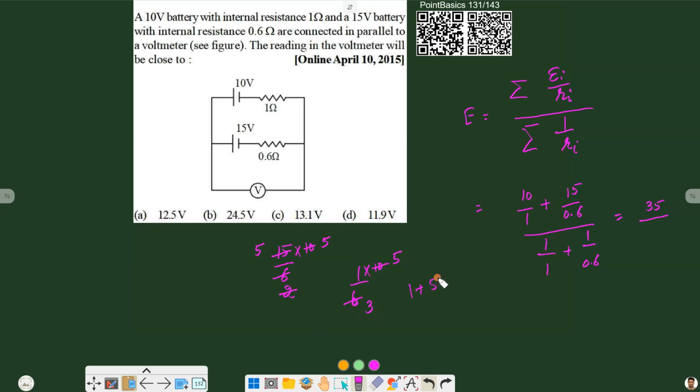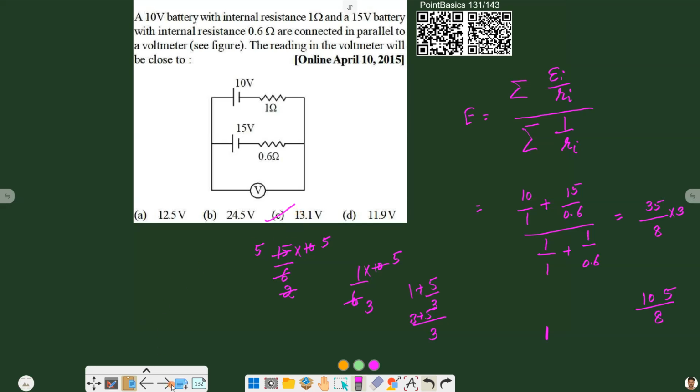And 1 plus 5 by 3 is 8 by 3, with 3 coming on the top. So this will be 35 times 3 by 8, which is 105 by 8. We know 8 times 4 is 32 and 4 into 3 is 12, so it will be more than 12 but less than 24, of course. 8 times 13 is 104, and we will be left with 1, so 13.1. Option C will be the right answer.